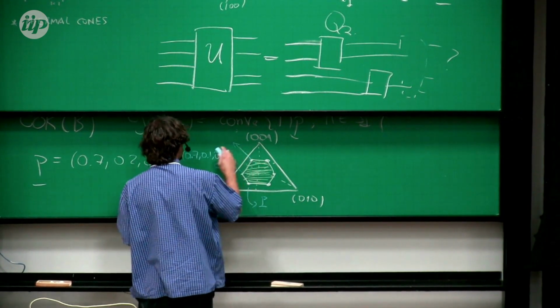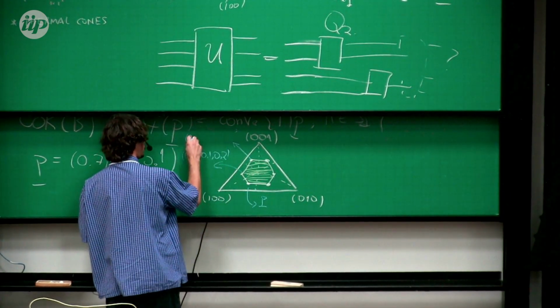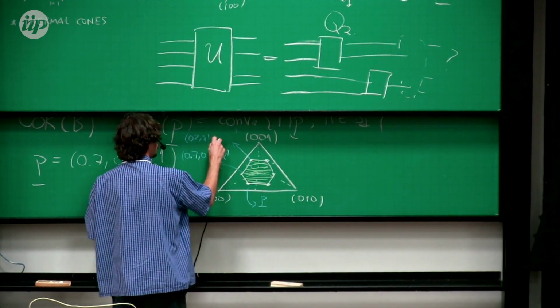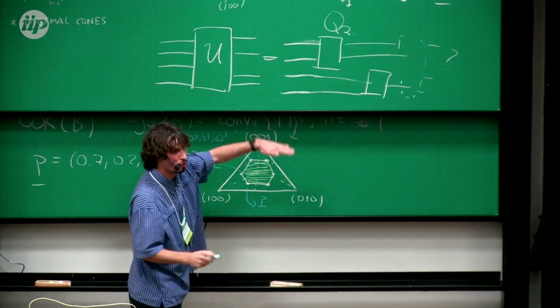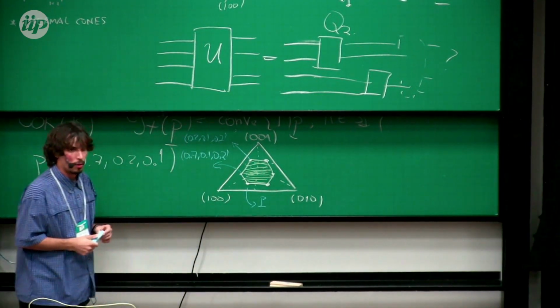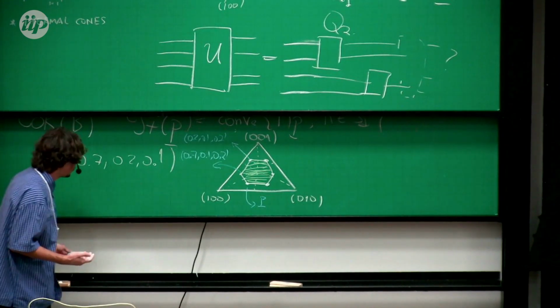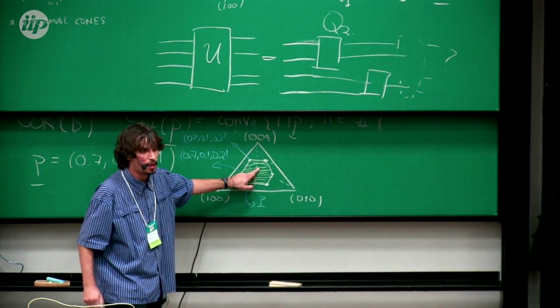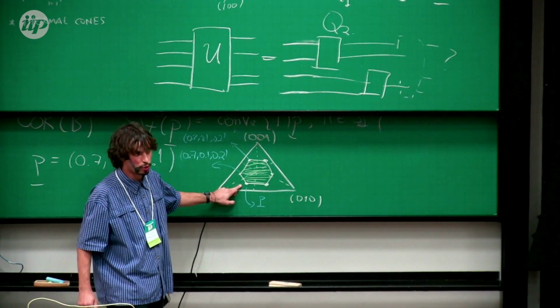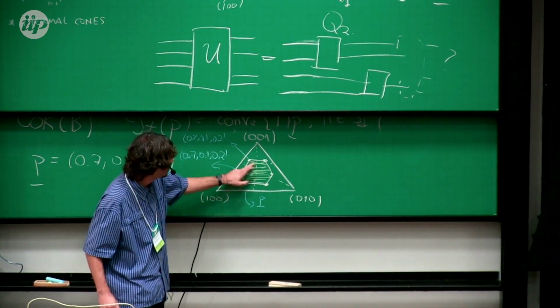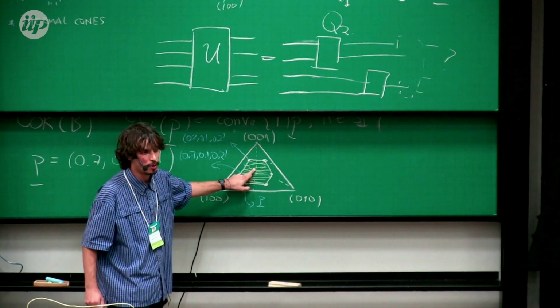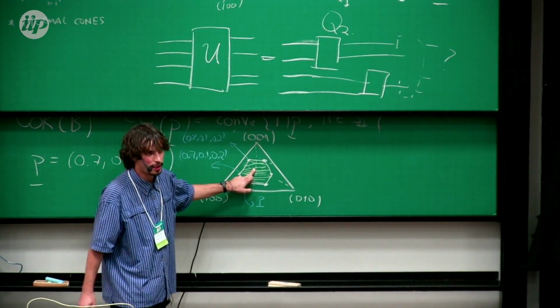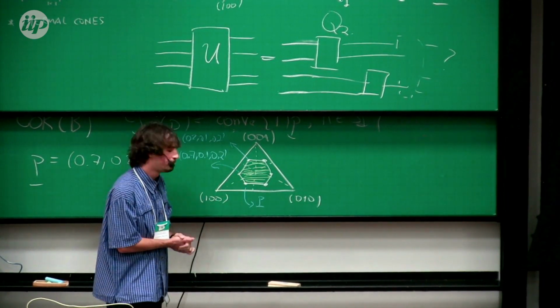This is precisely 0.2, 0.1, 0.7, and so on and so forth. The statement of this corollary is that the set of states lying here are majorized by your initial distribution. So any state living here, you can reach by transforming using a stochastic matrix, right?